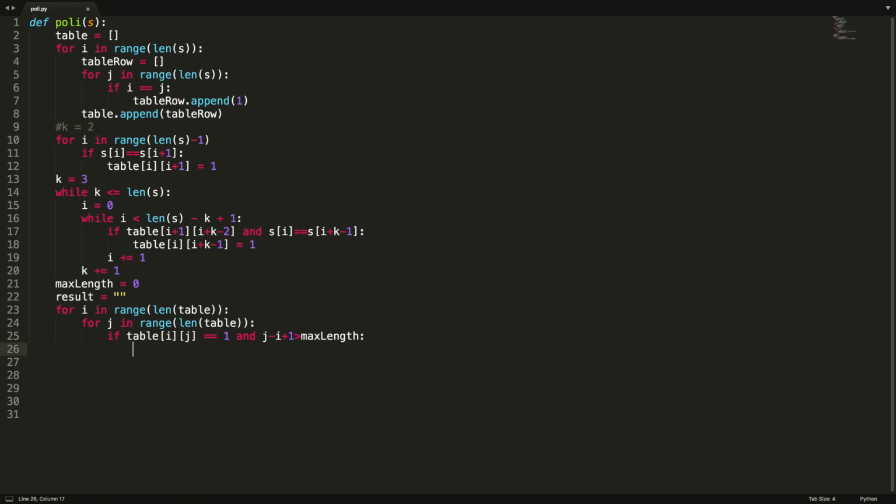And we will give the max length this value j minus i plus 1, and we will give the result of this substring.